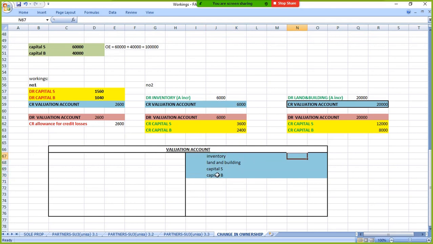So inventory here, where's the inventory? 6,000. The land and buildings, 20. Capital Stevie, capital Bob. There we go. Right, and then you need to show the debits.